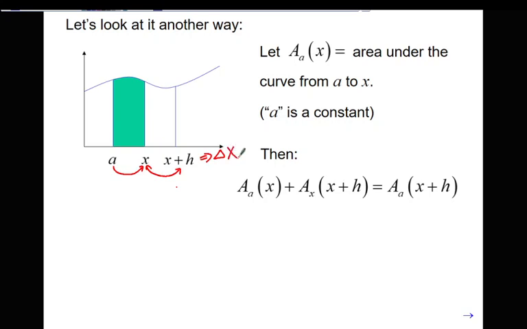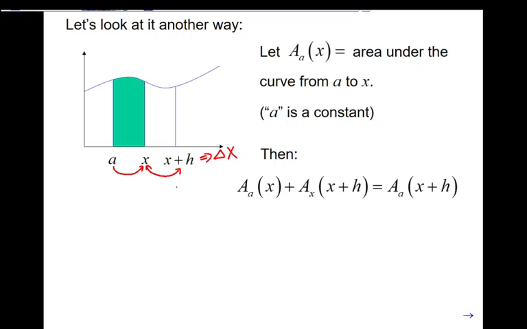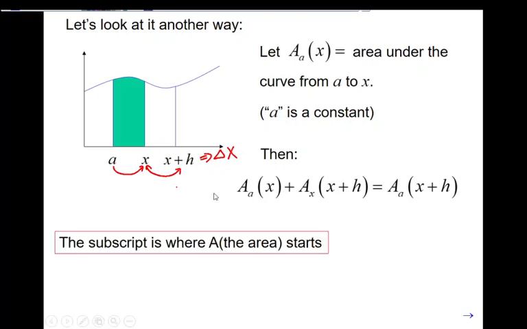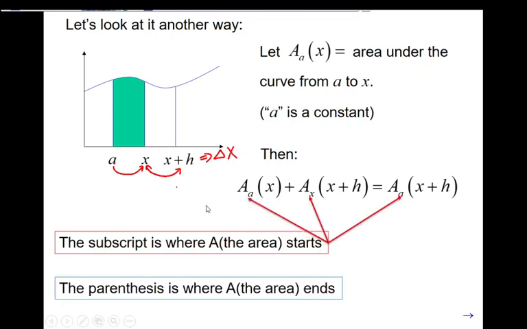So a is a constant, x is greater than that constant, and x plus h is the x value here plus a change in x. When we look at these equations, the subscript is where the area starts, and of course, in the parentheses is where the area ends.